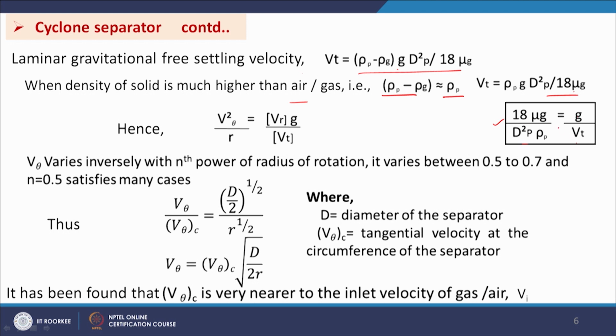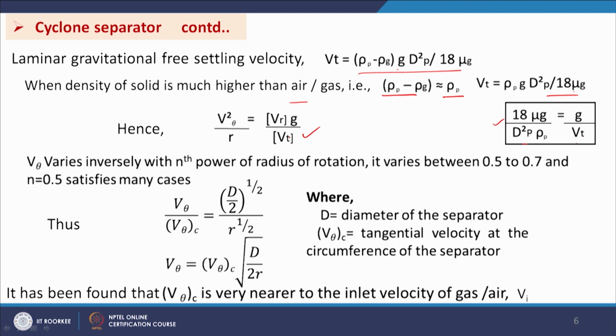So, by rearranging these two, putting this value as g by V t, we can get V theta square by r equal to V r g by V t. Now, three velocities are correlated by this expression, where V theta is the tangential velocity, V r is the radial velocity and V t is the terminal settling velocity.